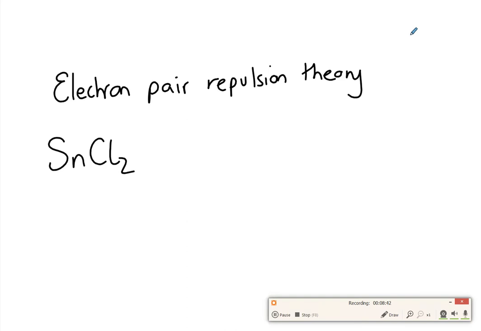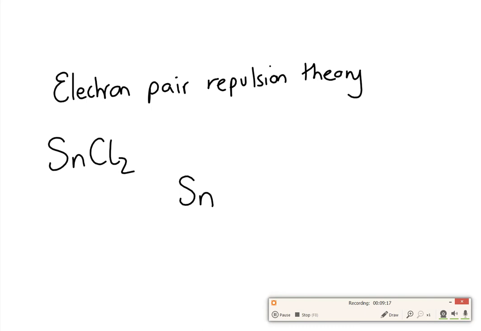With SnCl2, we now have the tin in the centre, and it does have two bonds to two chlorine atoms. But SnCl2 also has a lone pair of electrons on the tin. So we do have a greater repulsion from the lone pair.